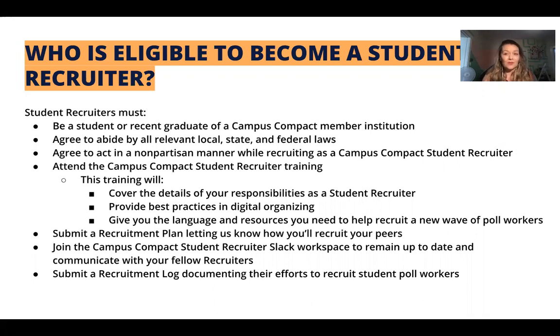This is a benefit for the member colleges and universities within our network and their full communities. If you're not sure if your school is a member of Campus Compact, you can definitely send us an email and we'll be happy to verify that for you. My email is ebody@compact.org, and I think Lauren's gonna help put that in the chat so you have it.